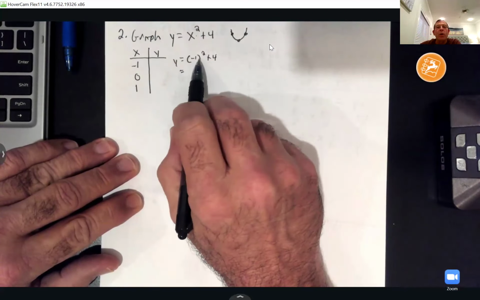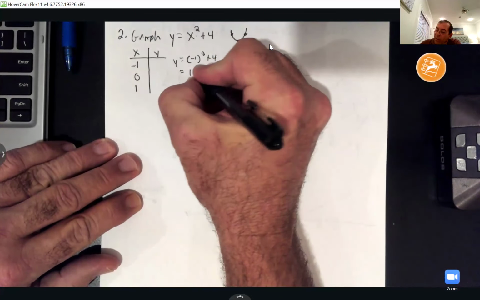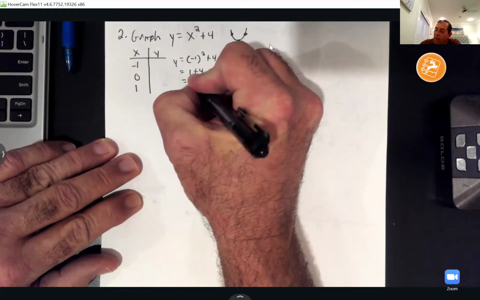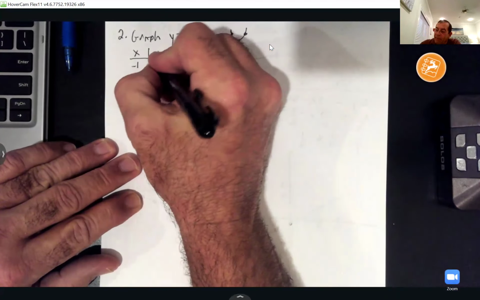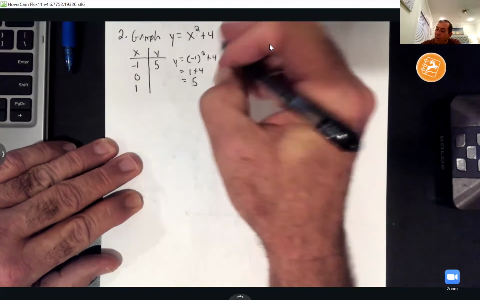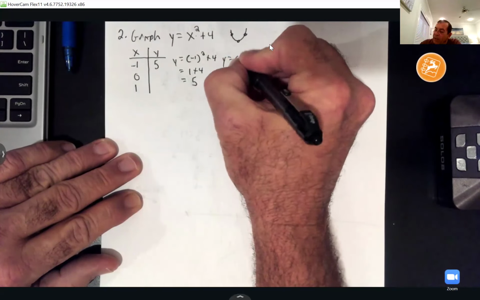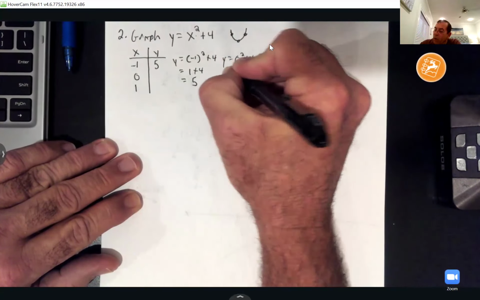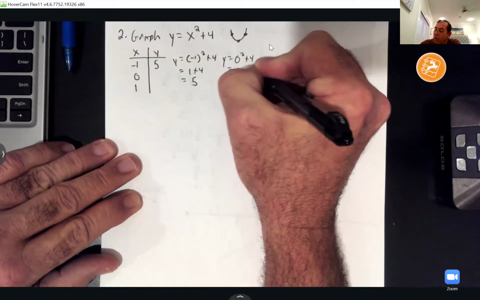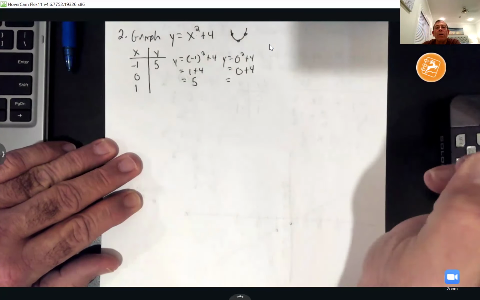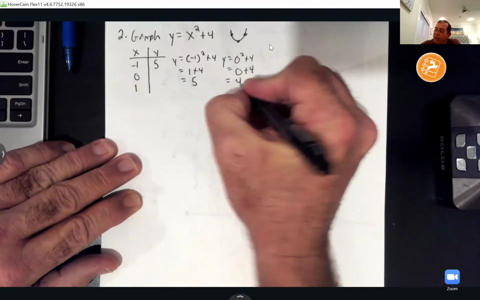Well, -1 squared is 1, so you get 1 plus 4, which is 5. If we put a 0 in, we get 0 squared plus 4, which will be 0 plus 4, which will give us a 4.